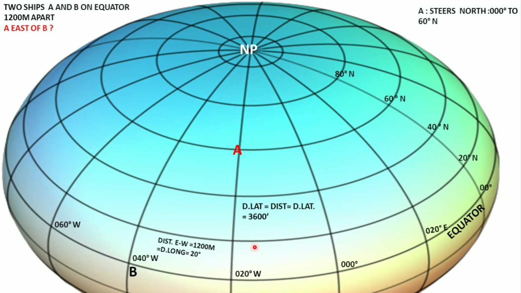The distance covered by A, starting from the equator to reach 60 degrees, that is the d lat of 60 degrees, that is 3,600 minutes, is also the distance covered in miles, 3,600 miles, because that is being done on the arc of the meridian. Now the d long between A and B is still the same, because A maintained its longitude.